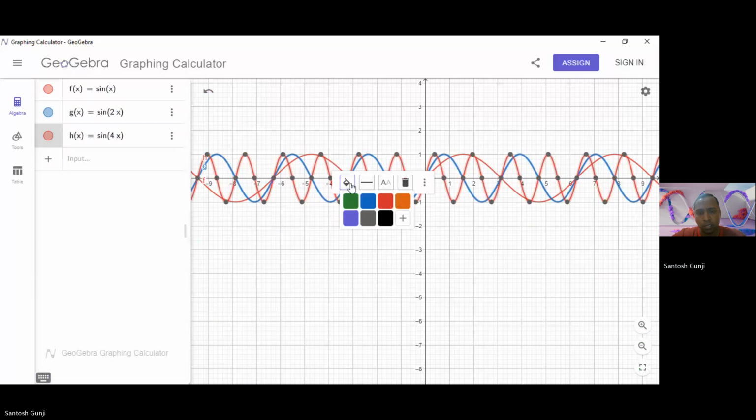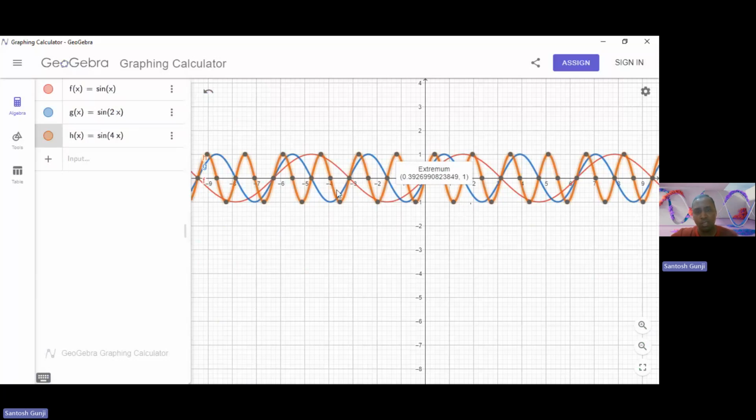I'm showing it with an orange color. For your reference, I'm changing the thickness too. The highest and the lowest points of the orange graph, sin 4x, are: highest is 1 and the lowest is minus 1.